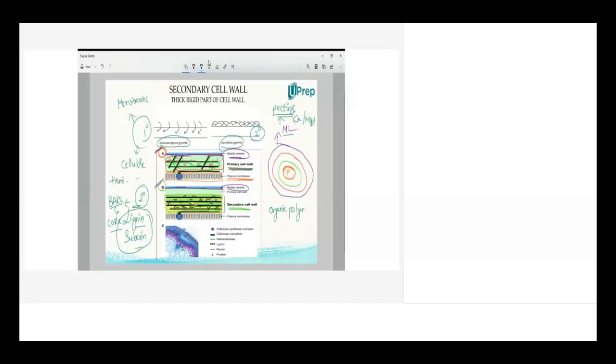This is all about plant cell wall. You won't find this kind of complicated structure in animal cell wall. Animal cells don't have any cell wall. Is it clear? Why plants only will carry this much complicated cell wall nature? Can anyone explain that?